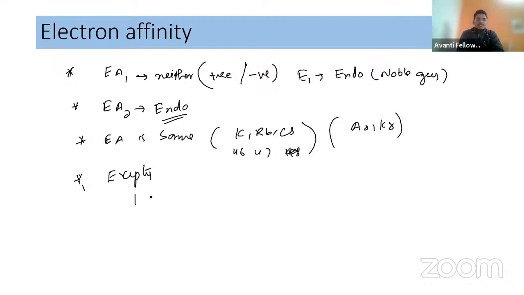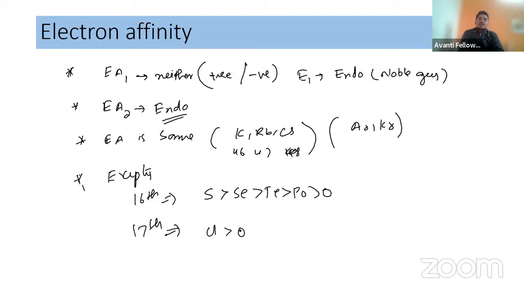Exceptions in group 16: sulfur is having greater electron affinity than selenium, tellurium, polonium, and oxygen. For group 17, chlorine is greater than fluorine, then bromine, then iodine. Just remember these are very, very most important from your examination point of view.